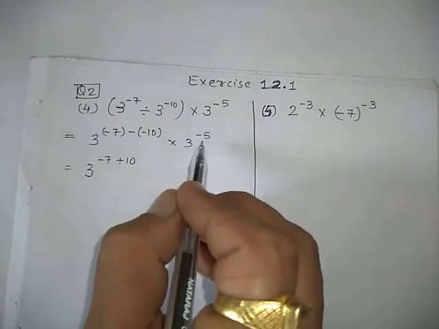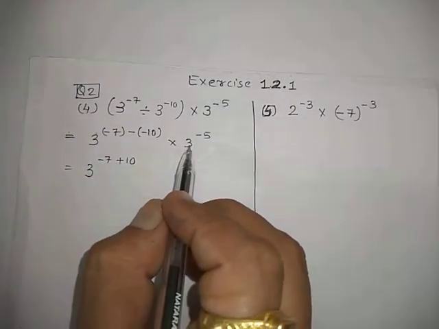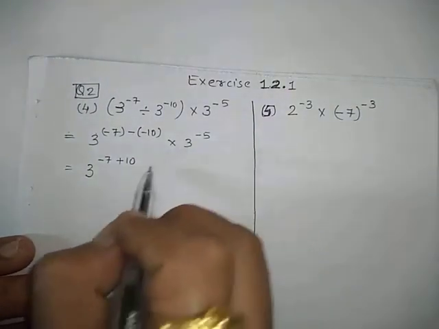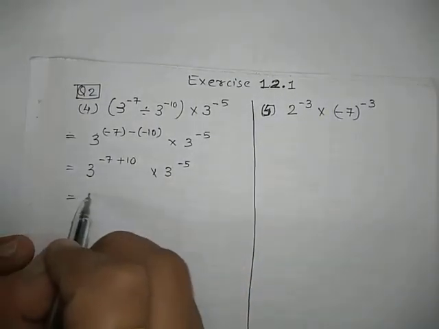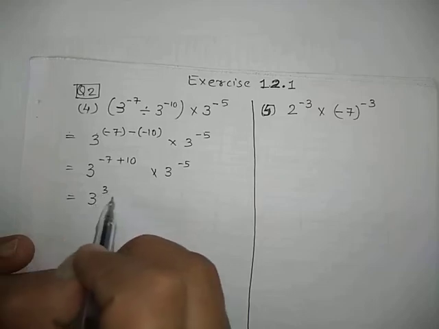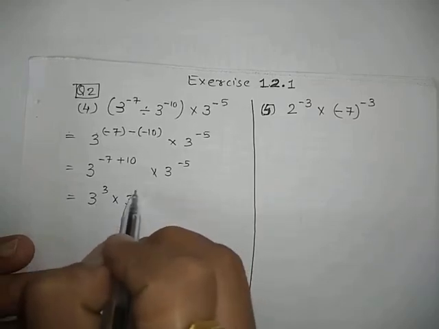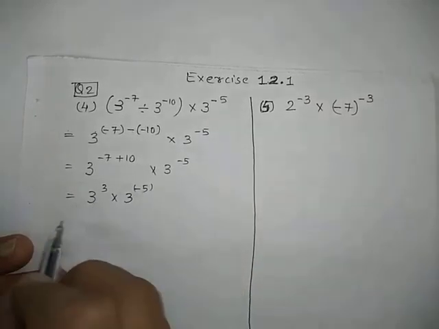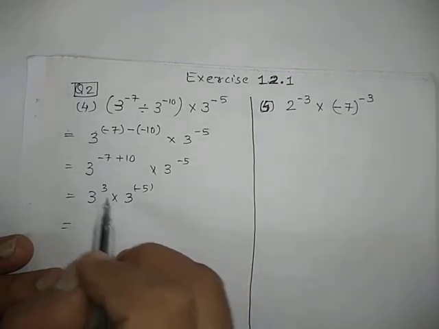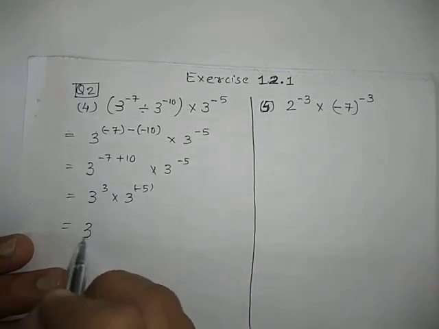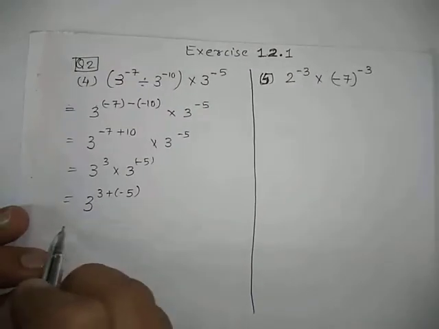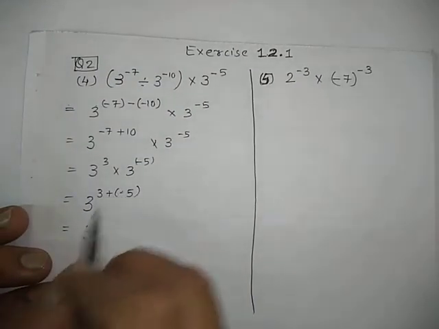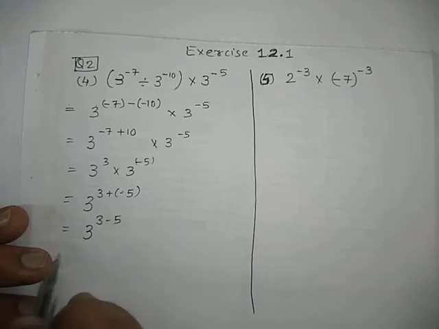Okay, so if multiplied then same base, so let us do this separately then, minus 5. Now first we will resolve this one, so we will get 3 and here 3 minus 5. Now base same, power gets added, so 3 plus minus 5, you will get 3 plus minus minus 5.